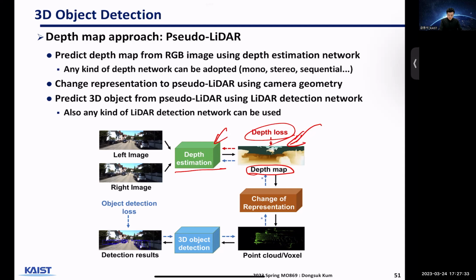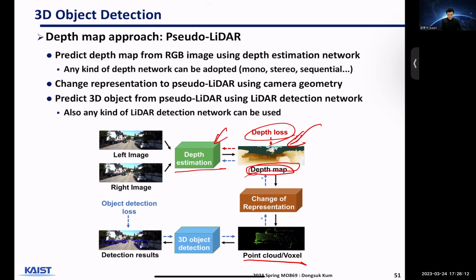And then we have depth map as an output of the depth estimation network, and we need to change representation if you are going to use a LiDAR type of detector, so that the representation is now converted to bird's eye view or 3D space representation. So now it's a point cloud voxel type of representation here.